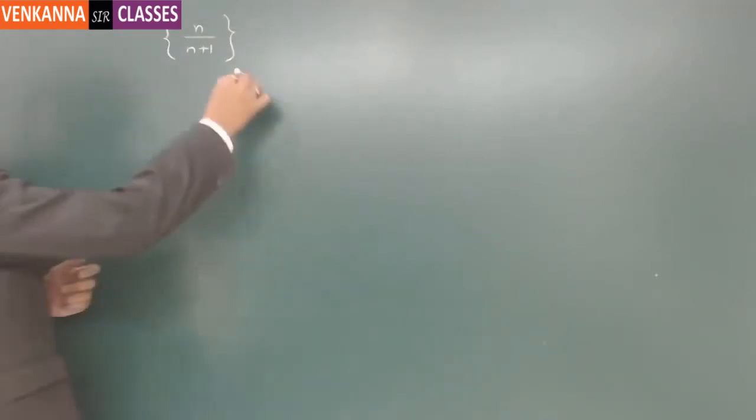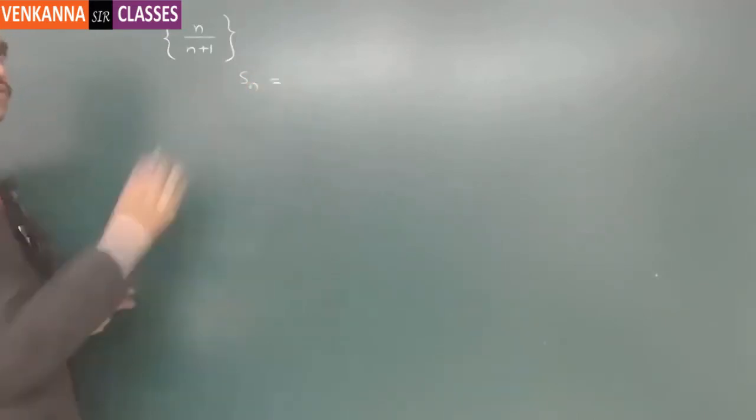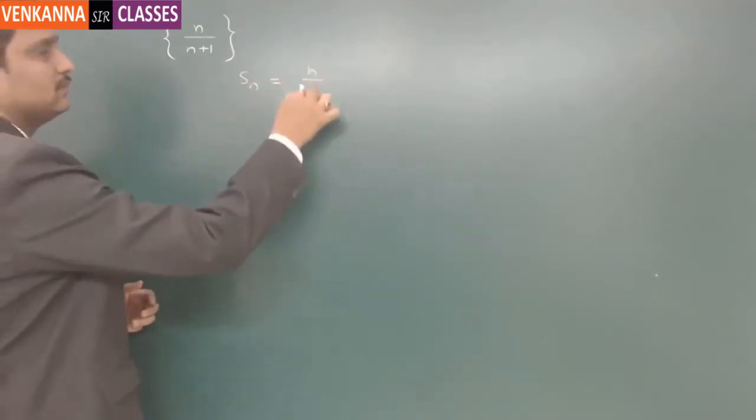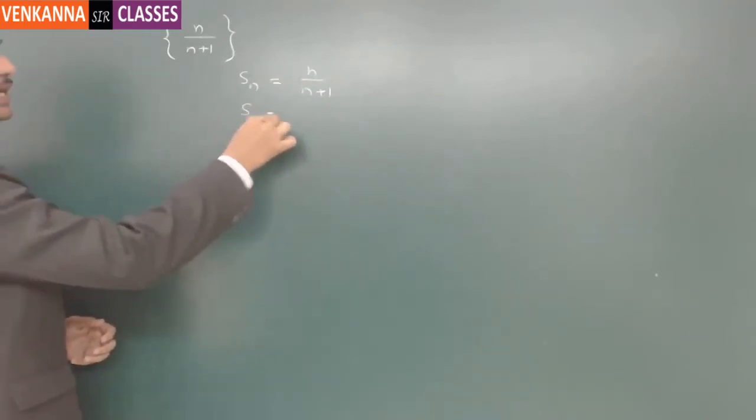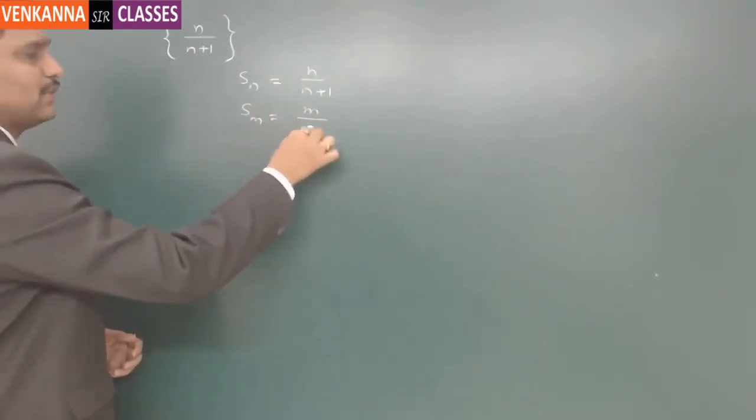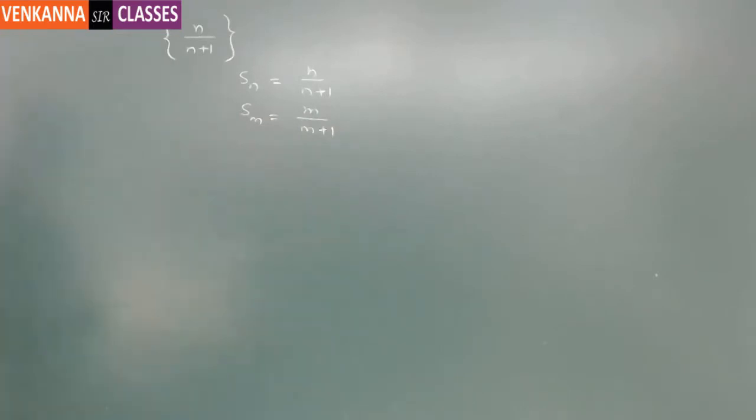Now, if you write S_n, what is the value? n by n plus 1. If you write S_m, the value is m by m plus 1. So I am taking that n is greater than m. Here, m stands for term number, and n is a term number which is bigger than m. It means that if this is the sequence, this is m, I am taking n here.